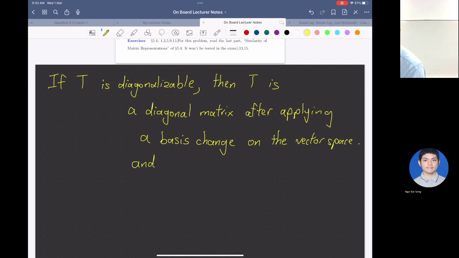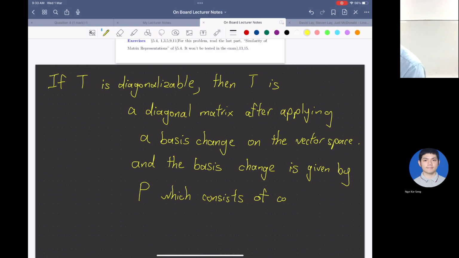And the basis change is given by P, which consists of columns of eigenvectors.